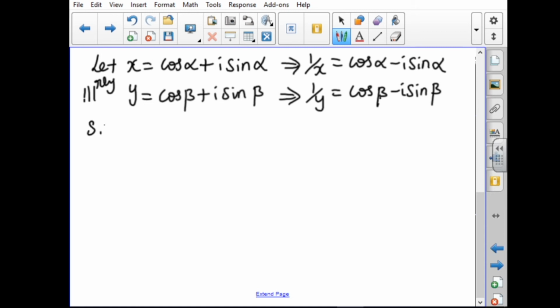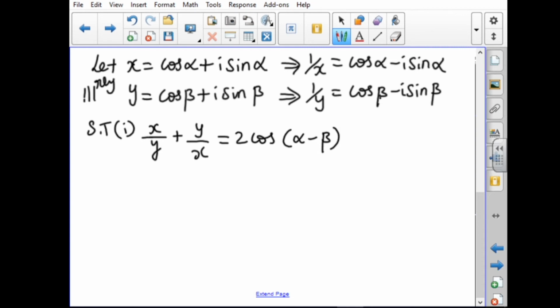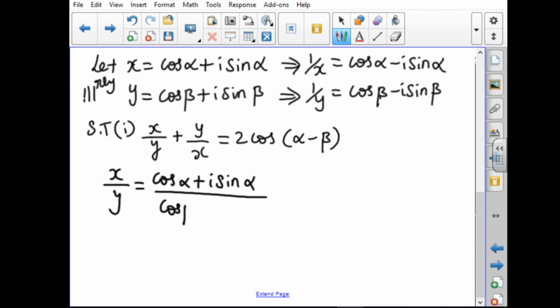First one, show that x by y plus y by x is equal to 2 cos of alpha minus beta. This is the first thing we need to prove. So what is x by y? First let us find x by y. x by y is equal to cos alpha plus i sin alpha divided by cos beta plus i sin beta.